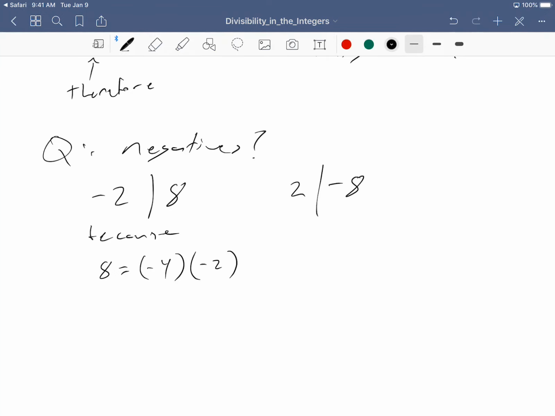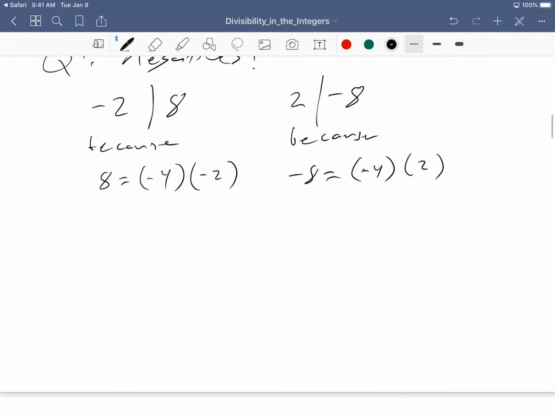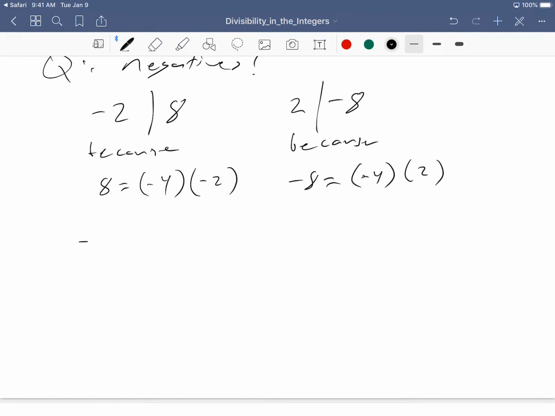Similarly, 2 divides -8 because -8 is something times 2, and that something again is -4. We can also say -2 divides -8 because -8 is something times -2, and that something in this case is 4. So it's fine to use negatives here.